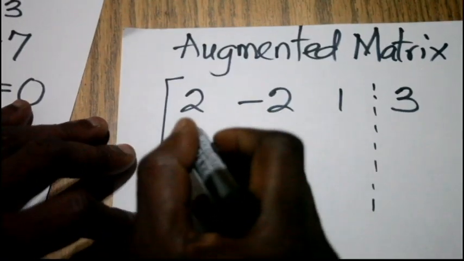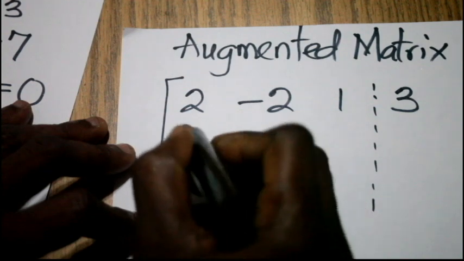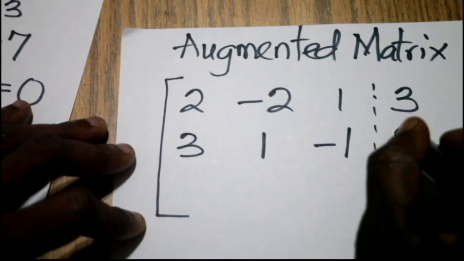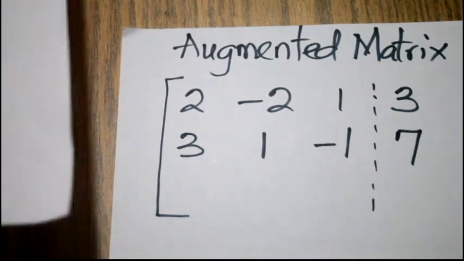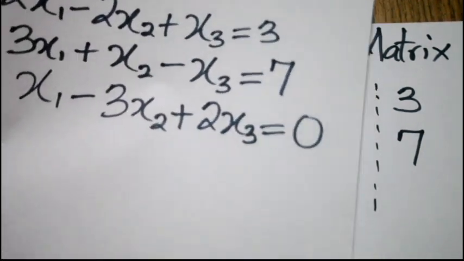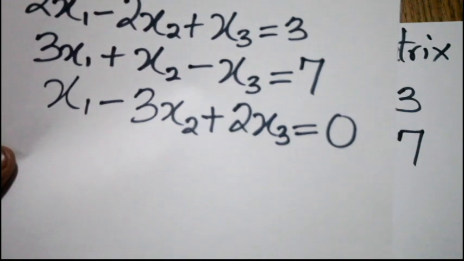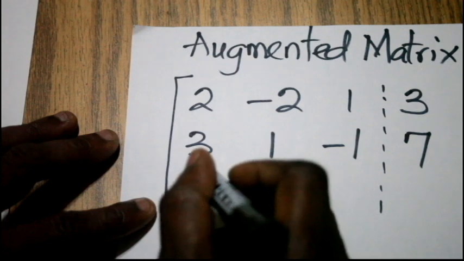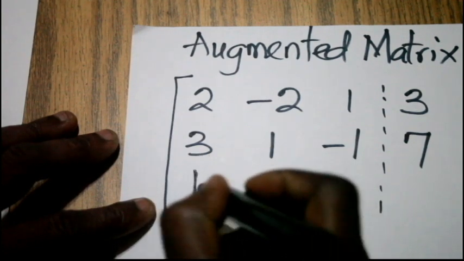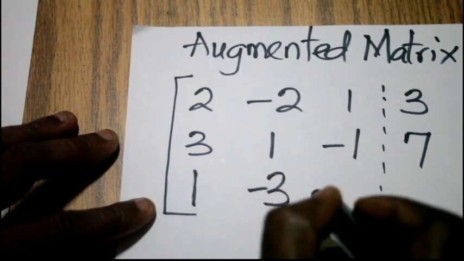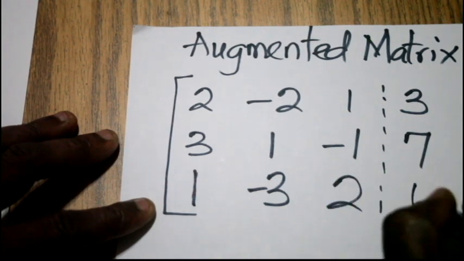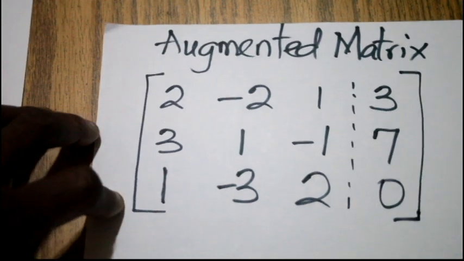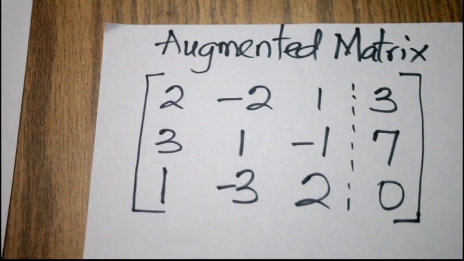So that is 3, 1, negative 1, and 7. Then for the third row, I have 1, negative 3, 2, and 0. So that will be written out as 1, negative 3, 2, and 0. So that goes this way, and you are through with your augmented matrix.